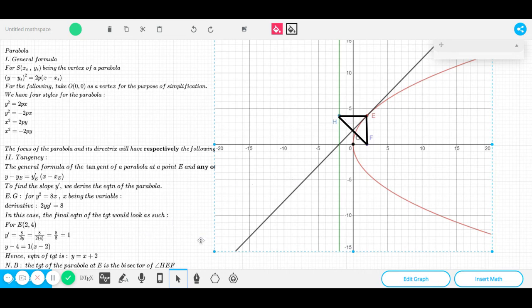So I'll repeat again, the tangent of the parabola at a certain point E is also the bisector of the angle HEF. Now, how do we find that angle?